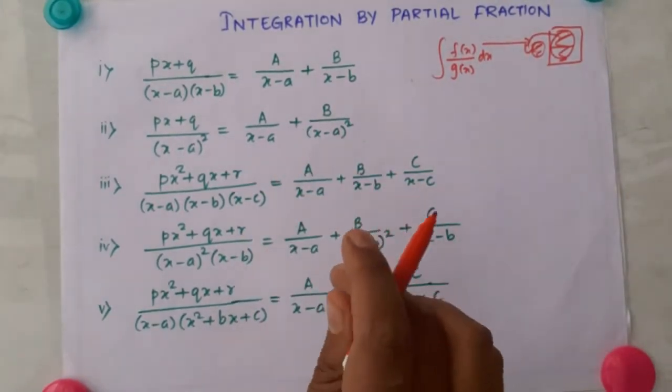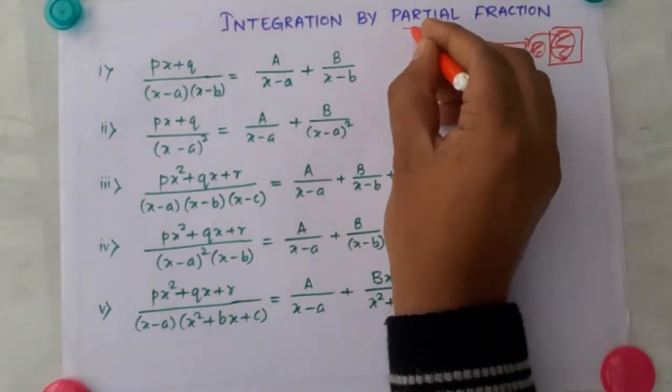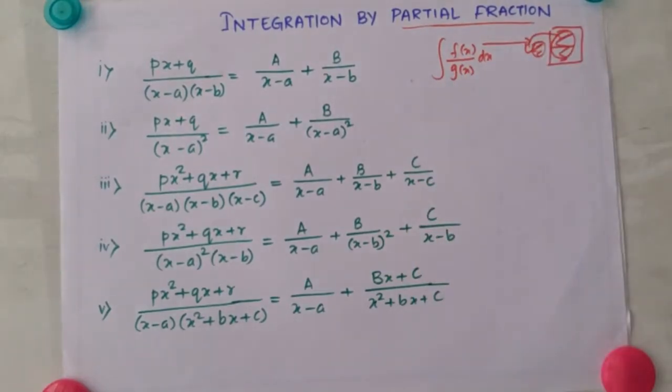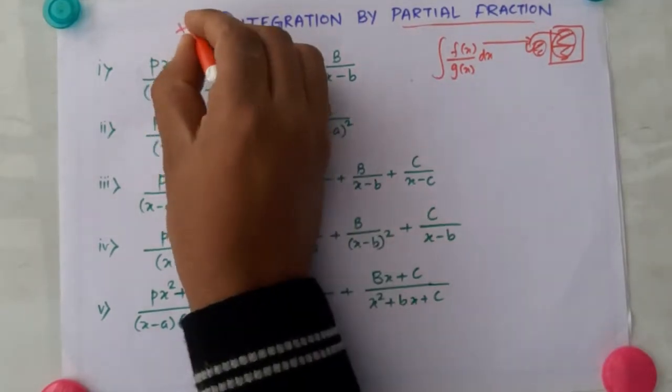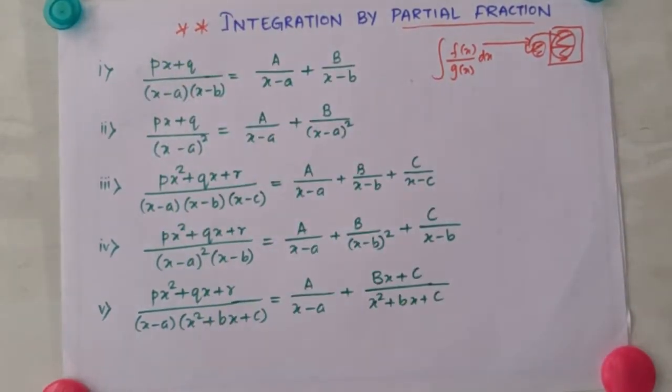This kind of special integration is known as integration by partial fractions. So today's main topic is in fact integration by partial fractions. No doubt we are going to see some problems of integration by trigonometric substitution as well. So let's begin with the sums on integration for the day.